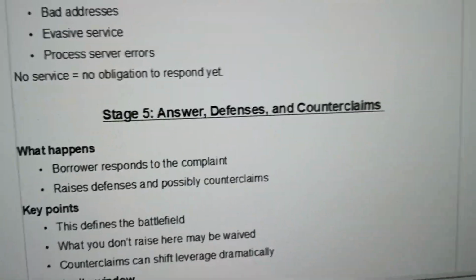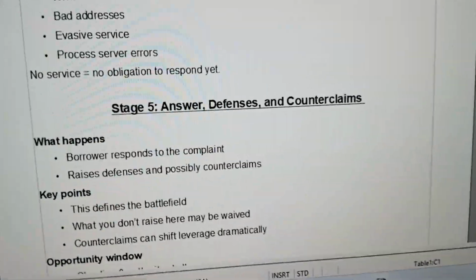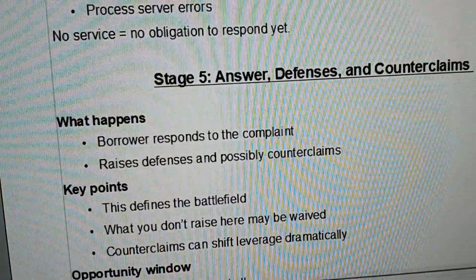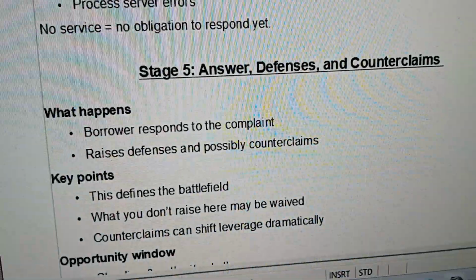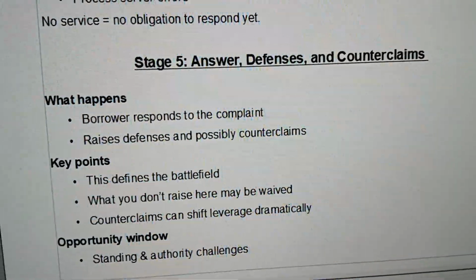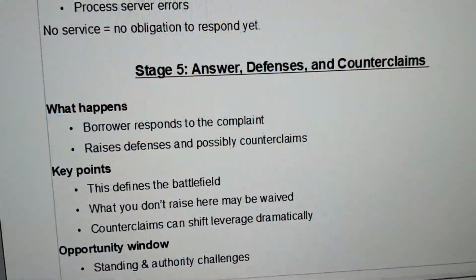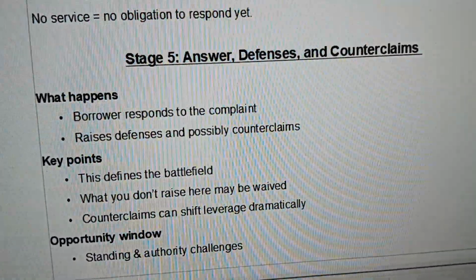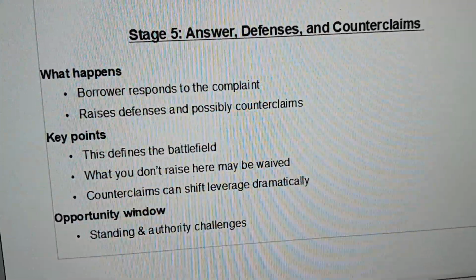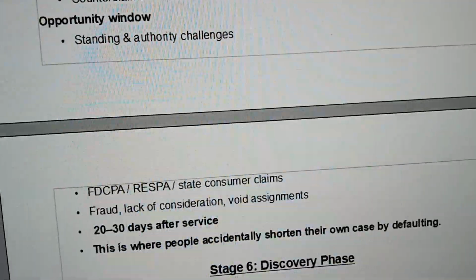Stage 5, answer, defenses and counterclaims. What happens? The borrower responds to the complaint, raises defenses and possibly counterclaims. Key points: this defines the battlefield. What you don't raise here may be waived. Counterclaims can shift leverage dramatically. Opportunity window: argue standing and authority challenges.